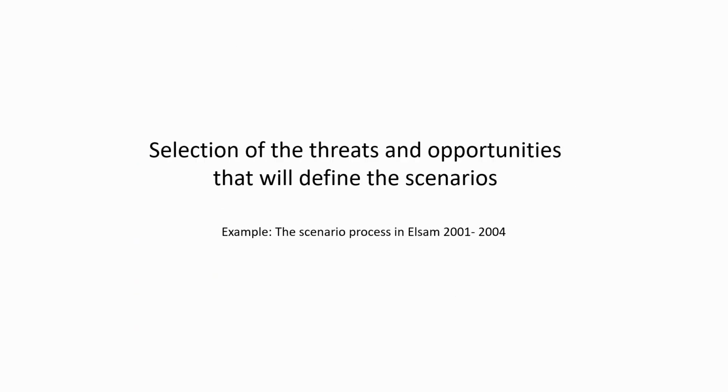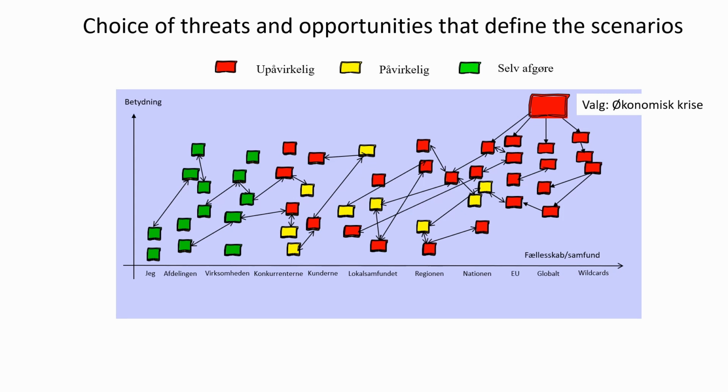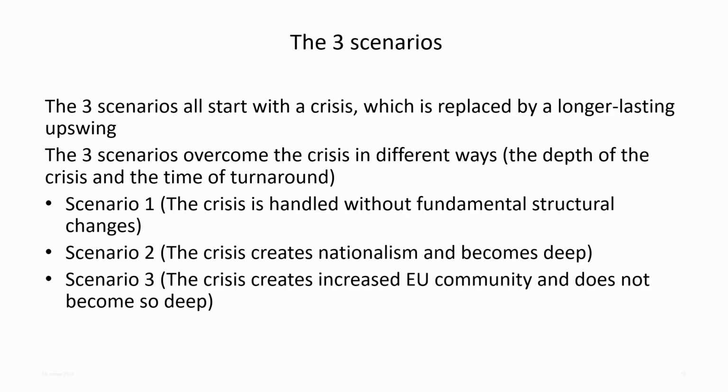The connections between threats and opportunities and the description of a possible economical crisis were presented to the decision makers in Elsam. And they chose the economical crisis as being likely and the cause of important trend changes. Three scenarios were defined. All the scenarios start with a crisis, which is replaced by a long-lasting upswing.